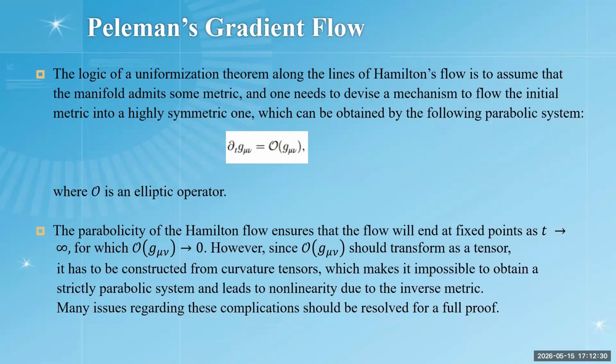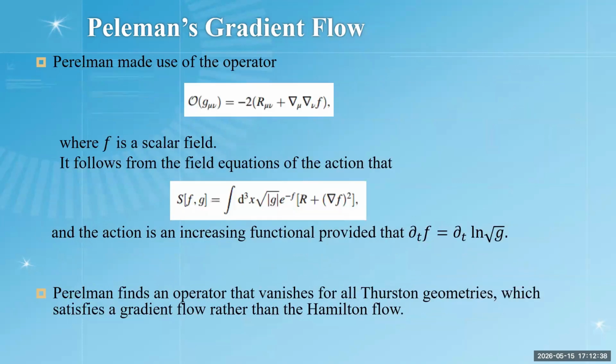So in order to prove this Thurston conjecture, we have to overcome this problem. And then Perelman overcame this difficulty. To do so, he introduced a new gradient flow. This is the usual Hamilton flow, but he added this scalar term.